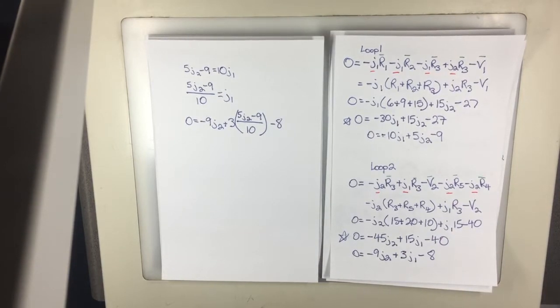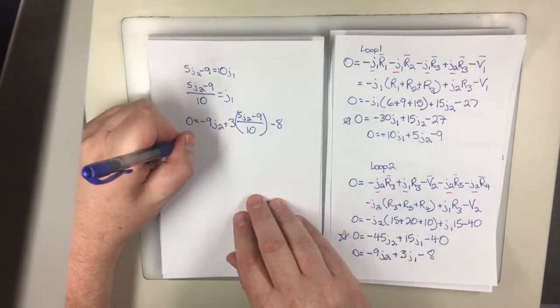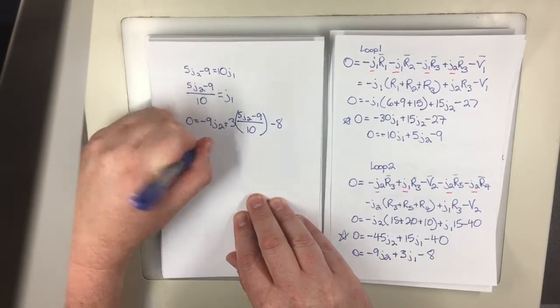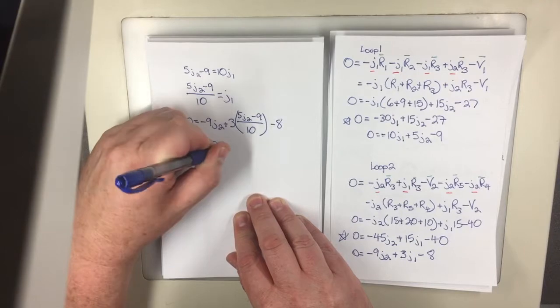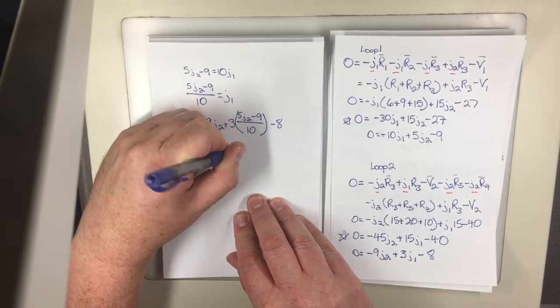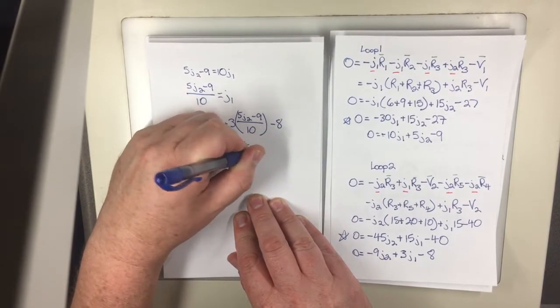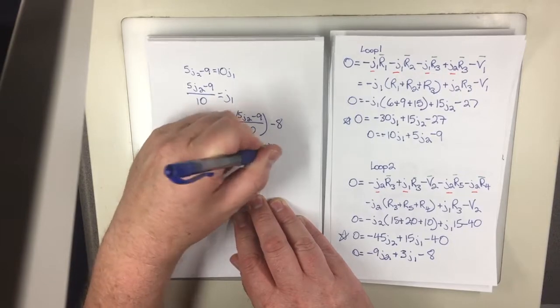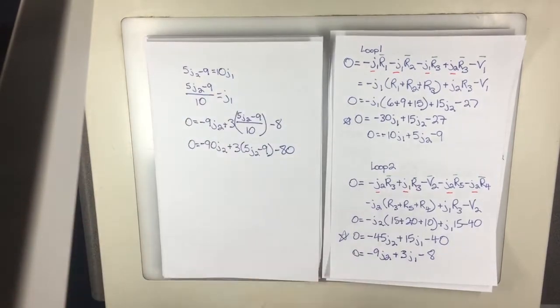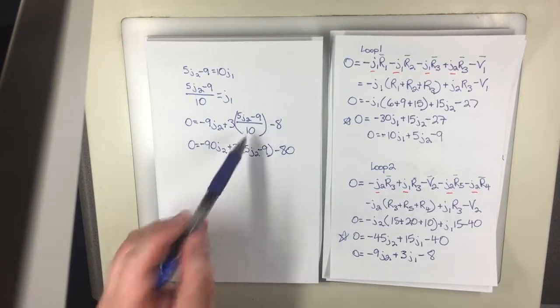Oh, it's a big ton of garbage right now. What I would do first, to get rid of the denominator, is multiply everything by 10. So this gives me negative 90J2 plus 3 times (5J2 minus 9), minus 80. So multiplying everything by 10 will get rid of that.